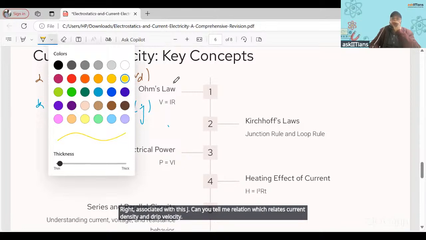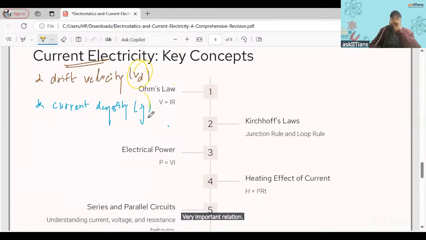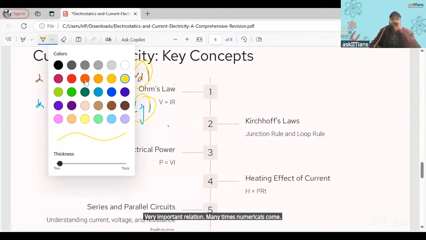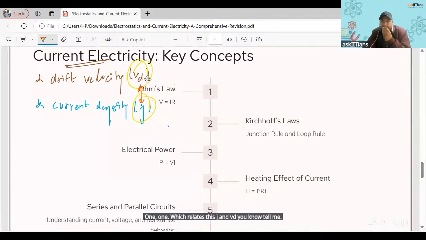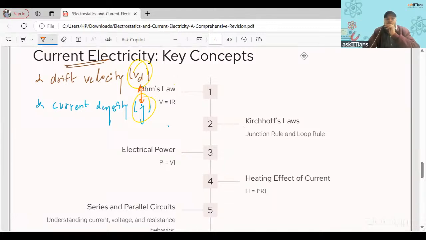Very important relation. Many times numericals come which relate this J and VD. Can you tell me? Anyone from the participants? We have a lot of participants today.